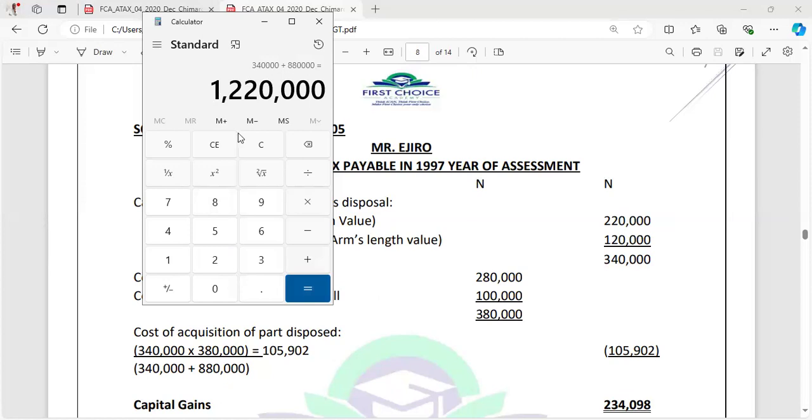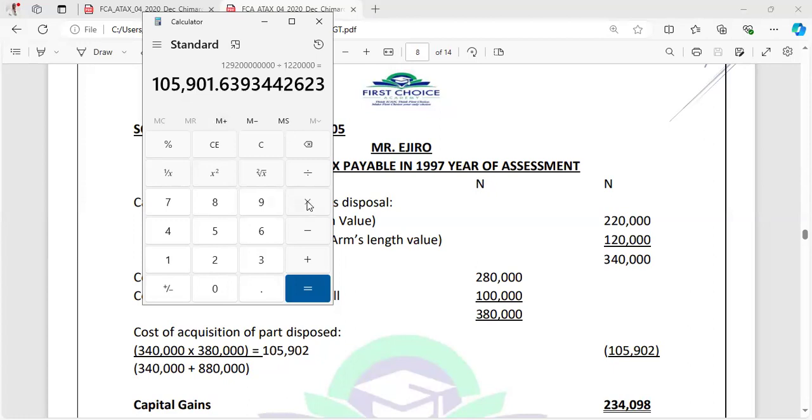1,220,000. So I'll come back here and bring the first one divided by 1,220,000, and I have 105,902, which is what I got here when we round them off.